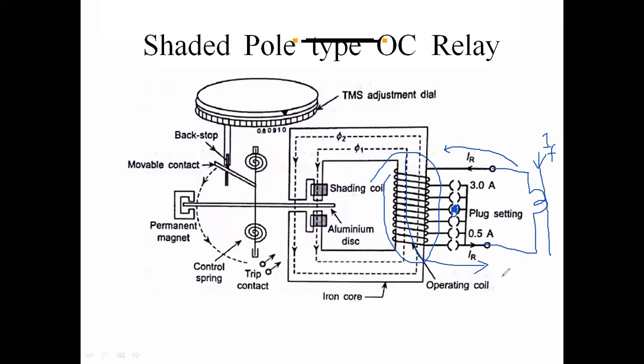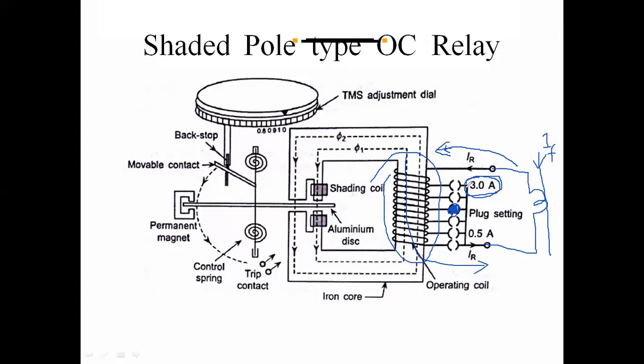Pickup current can be 5 ampere, 10 ampere, 2.5 ampere, so you can change the pickup current level. The same relay can be used for 5 ampere operation or 10 ampere operation. By changing the plug position you are changing the tapping, that is, the number of turns. So by changing the tapping or number of turns, you can choose the pickup current level.